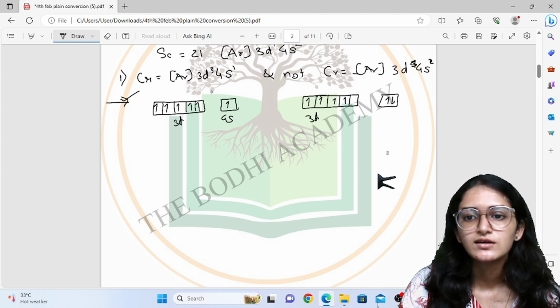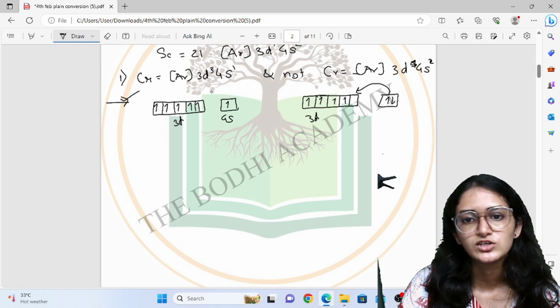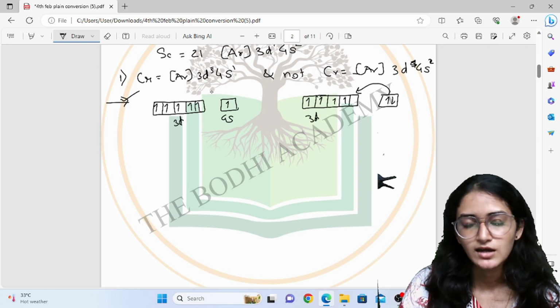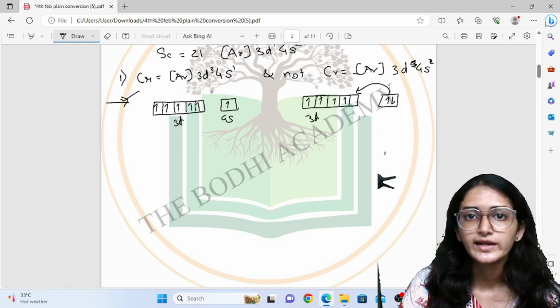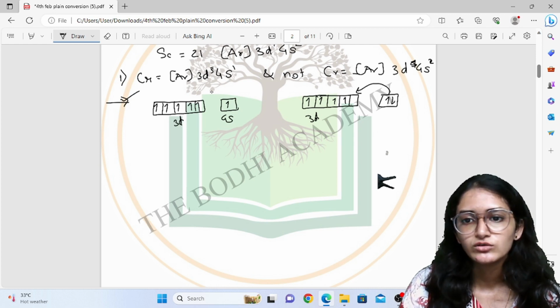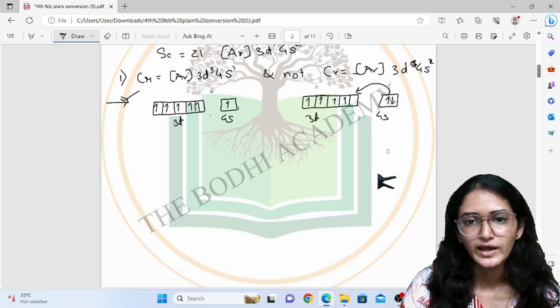So one electron from the 4s orbital is transferred to the 3d orbital. If you achieve a half filled stable configuration, it is more stable. So to attain stability, the electron from this orbital is transferred to this orbital. That's why we have 3d5 4s1 instead of 3d4 4s2.